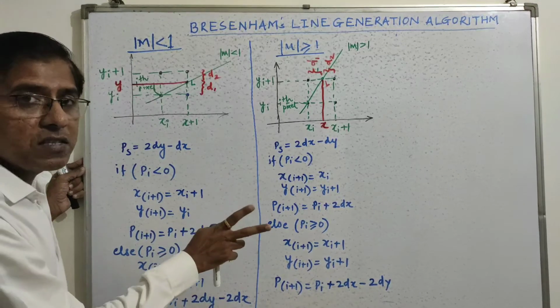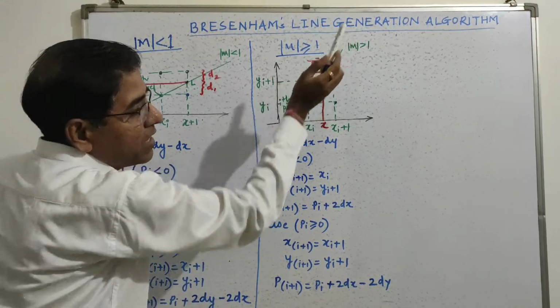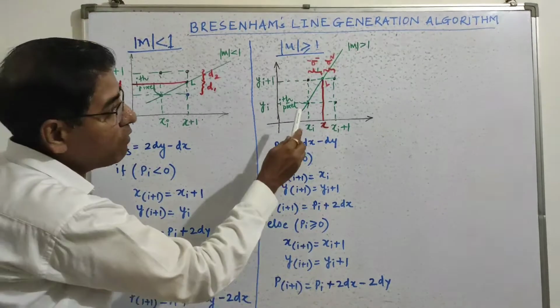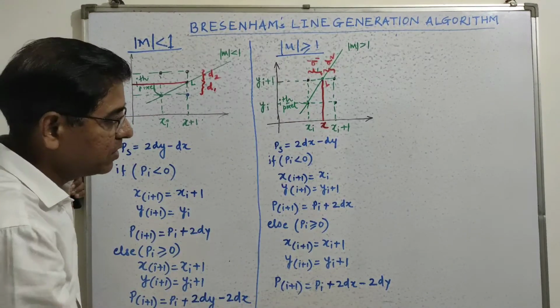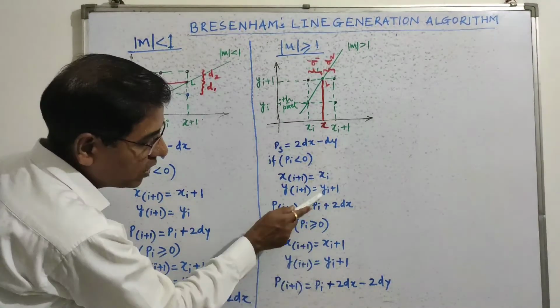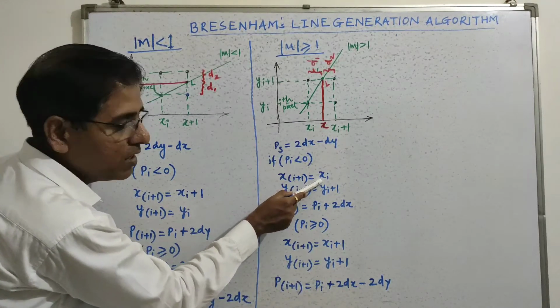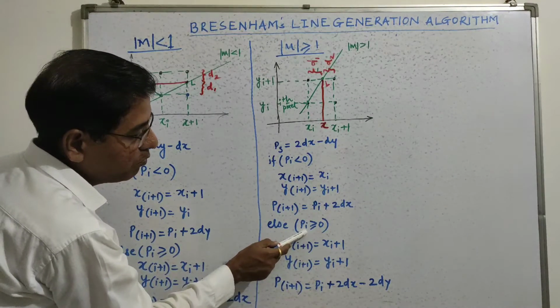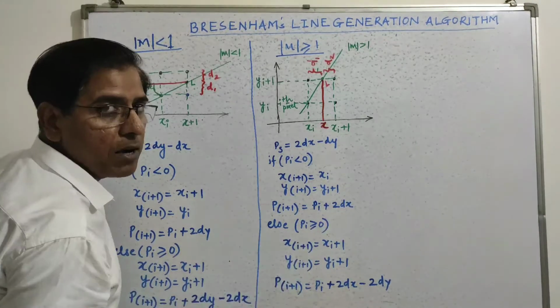Now two things are very important. First, since the slope of the line is greater than 1, the value of y is changing very fast as compared to the value of x. That is why we have incremented the value of y by 1 in both the cases, whereas for p less than 0 the x is not incremented, and for p greater than or equal to 0 it is incremented by 1.